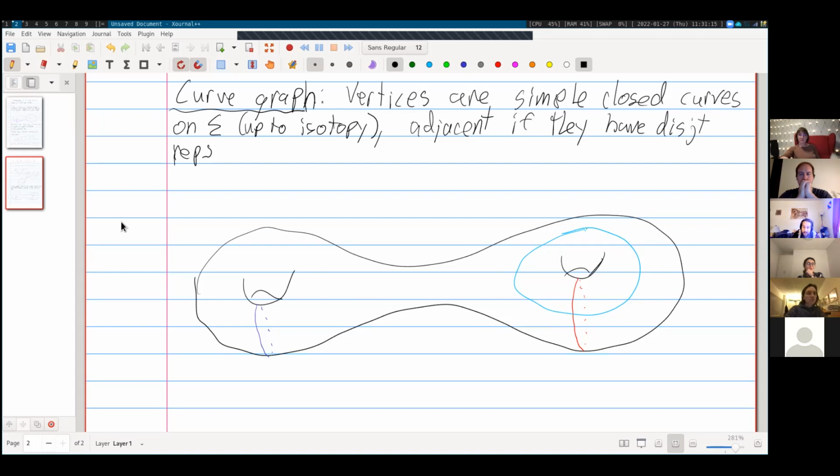Well, in the graph, I'm only thinking of simple closed curves, and for those, isotopy is equivalent to homotopy. So yes, let's consider that each of these corresponds to a unique homotopy class of closed curve, and there are countably many of those. Yeah, it's a countable graph. It's an infinite valence graph, right?